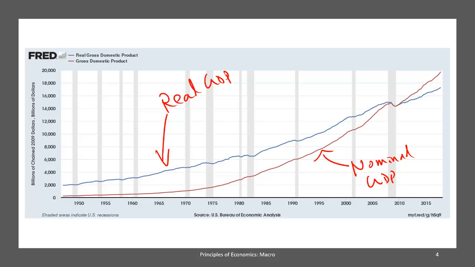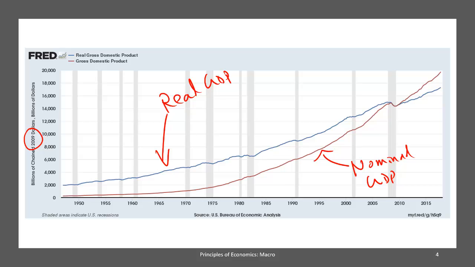And you can see that most of the time real GDP is above nominal GDP, but after 2009 nominal GDP is above real GDP. Now there's a reason behind it, and the reason is this: we often convert nominal into real by keeping prices constant. And in this particular graph, the prices are constant at 2009 dollars.